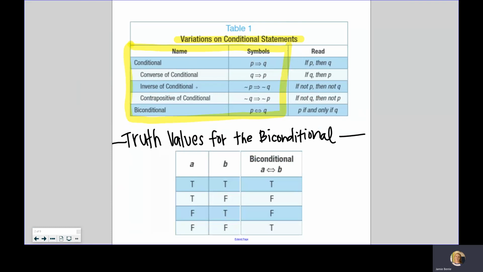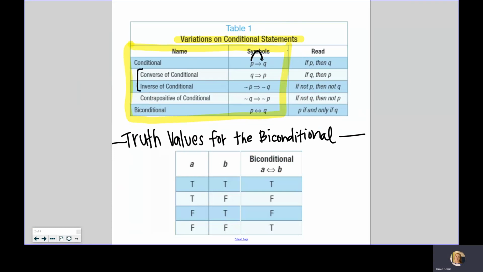On the inverse, you just take the conditional, and you negate both sides. So if not P, then not Q. The contrapositive of the conditional is sort of like the combination of these two.